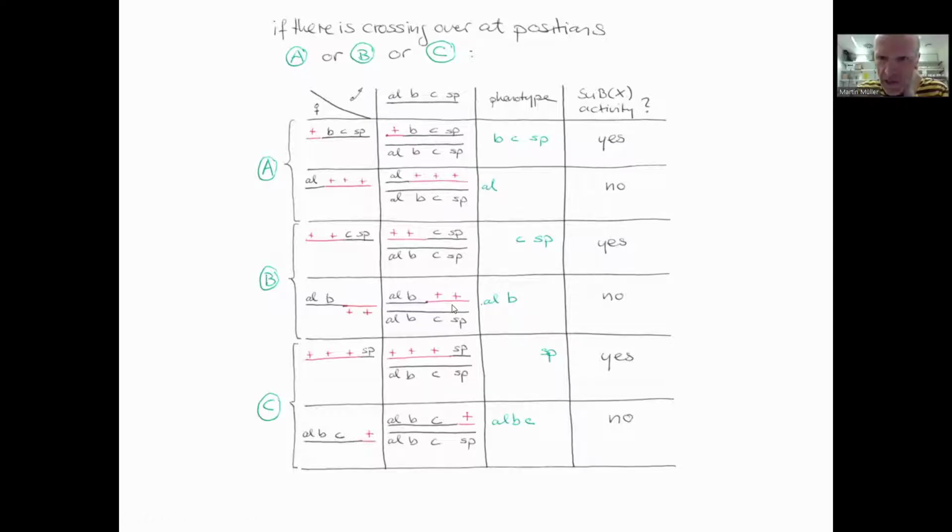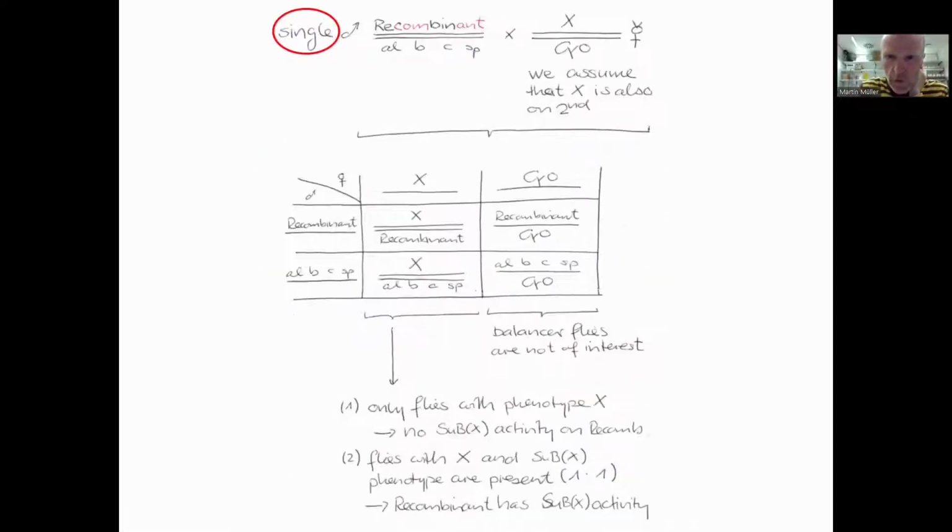So how do we get these answers here? That is shown on the next slide. In the question, it's written that you have to test the recombinants to see whether they have this suppressor activity.